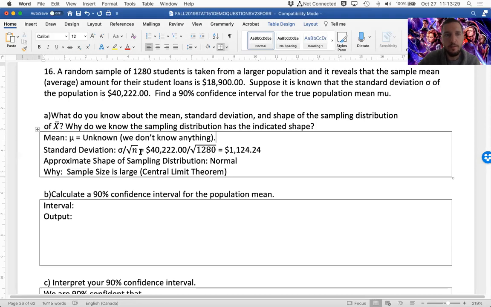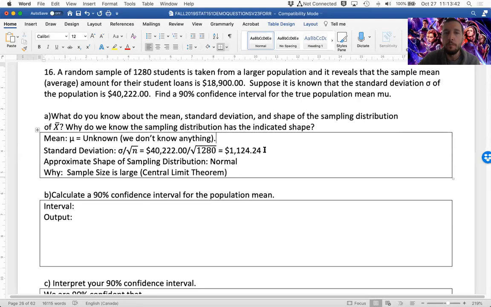What about the standard deviation of X bar? That's sigma over the square root of n. So this is equal to 40,220 divided by the square root of 1,280, which is 1,124.24. So for a sample size of 1,280, we have a standard deviation of 1,124.24.